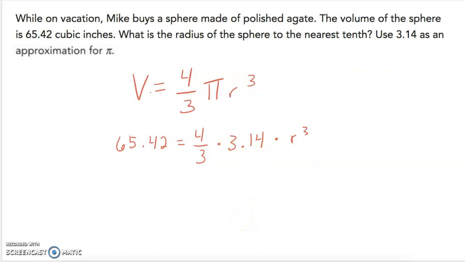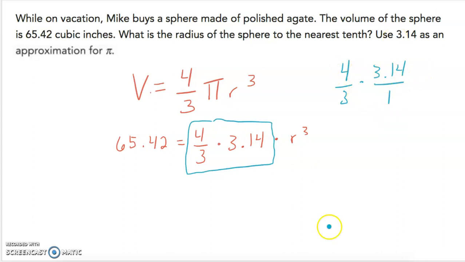So now we're going to simplify this part. The only thing I'm going to do is multiply 4 times 3.14, because we can look at this as 4/3 times 3.14 over 1. Essentially, I'm going to multiply 4 times 3.14 and just divide it by 3.